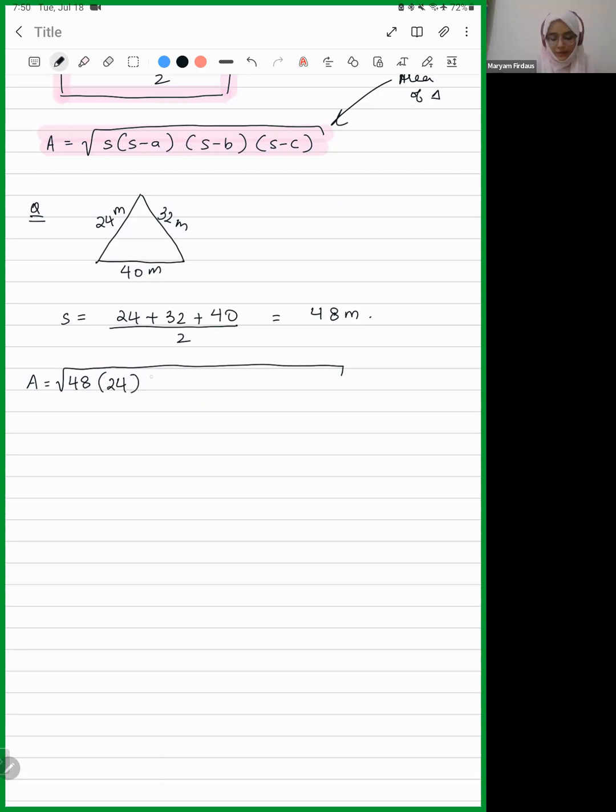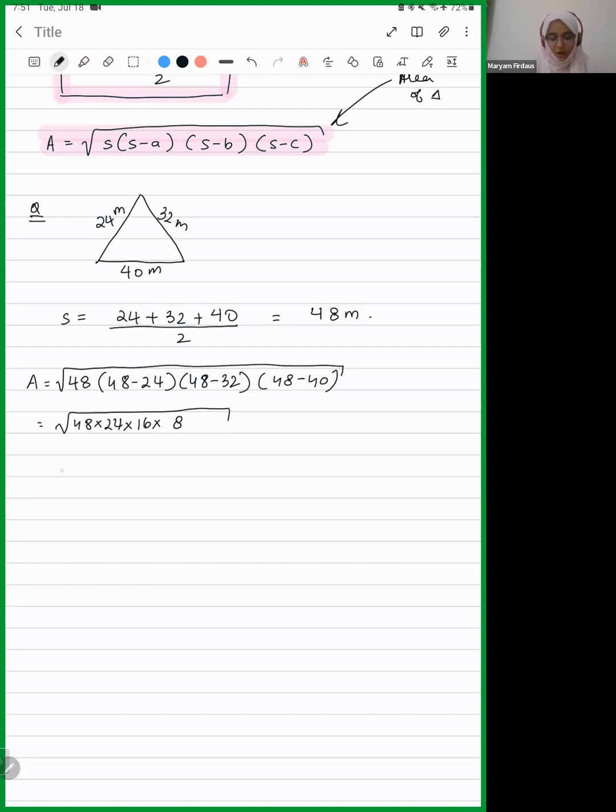Let me just write it over here. 48 minus 24, then 48 minus 32, then 48 minus 40. So 48 multiplied by, what is 48 minus 24? 24. What is 48 minus 32? 16. Very good. 48 minus 40 is 8.